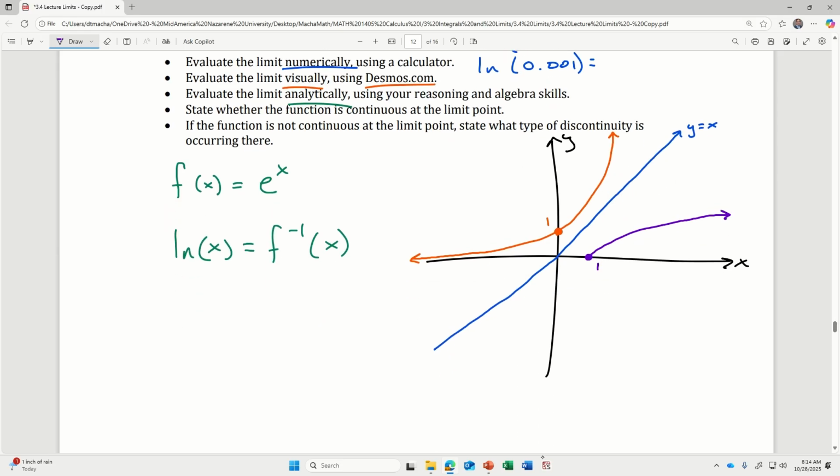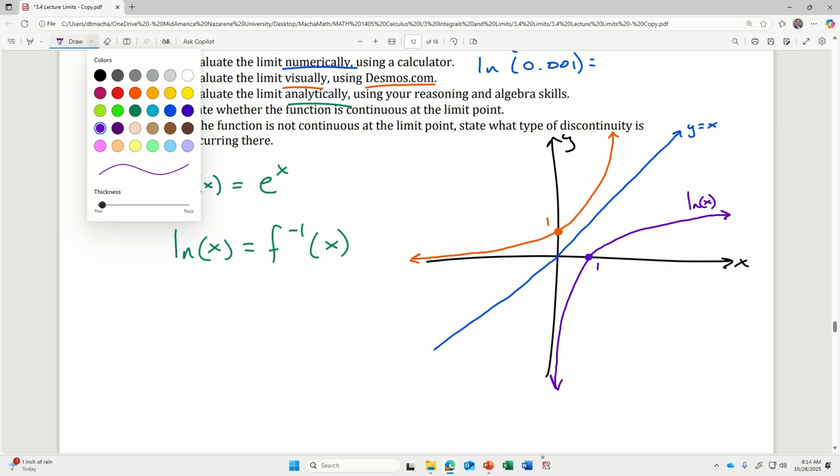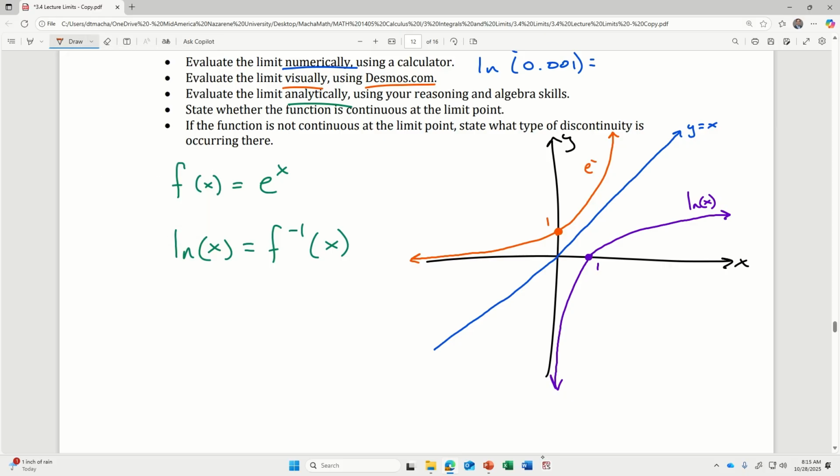And again, if I've got a mirror symmetry across this blue line, then the curve is going to get closer and closer to the y-axis, just like the orange curve gets closer and closer to the x-axis. And this would be my natural log curve, whereas this was my e to the x curve. But they're supposed to have this mirror symmetry.